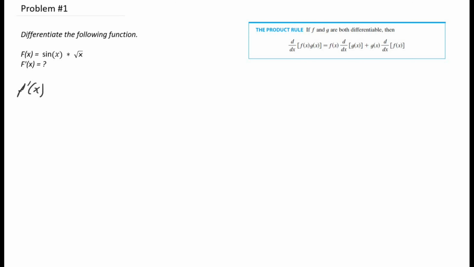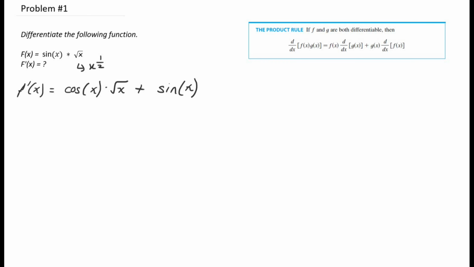So f prime of x is equal to the derivative of the first function, which is sine of x. It'll give you cosine of x times the second function, which is square root of x, plus the first function, which is sine of x, times the derivative of square root of x. Another way of writing this is x to the 1/2 power.